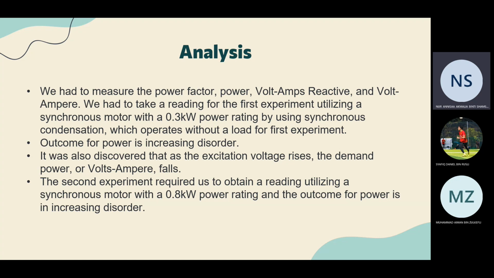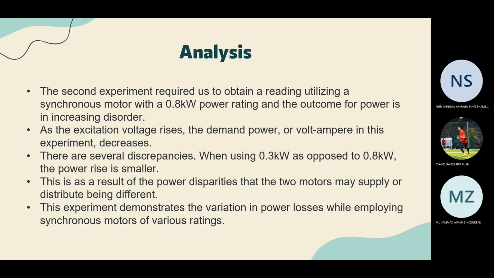The second experiment required us to obtain a reading utilizing a synchronous motor with a 0.8 kilowatt power rating, and the outcome for power is also in increasing disorder. As the excitation voltage rises, the demand power over ampere in this experiment decreases.